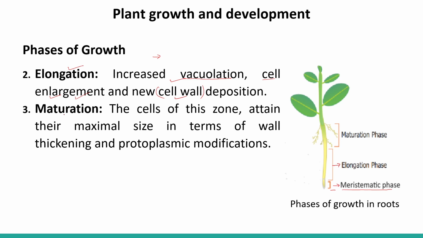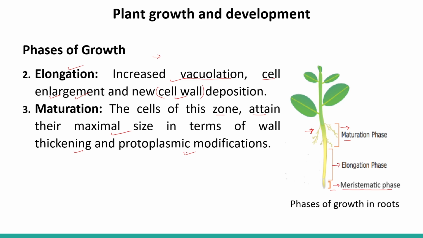Now the next phase is the maturation phase. After the elongation phase, we have the maturation phase. In the maturation phase, what happens? The cells of this zone attain their maximal size in terms of wall thickening and protoplasmic modification. So in this region, the cells are mature now and have attained their maximum size.